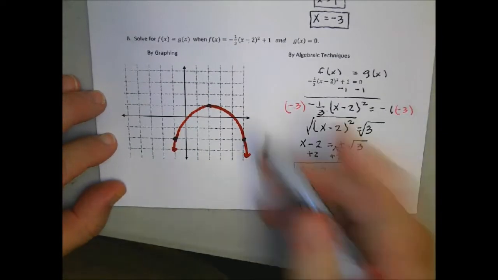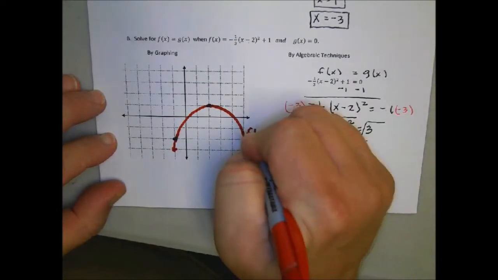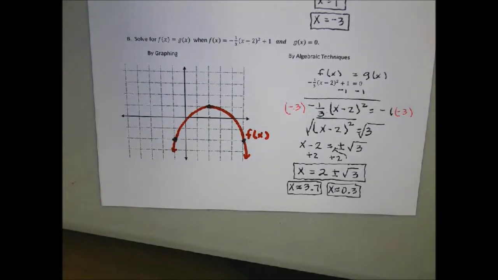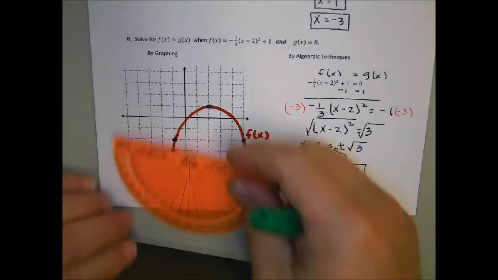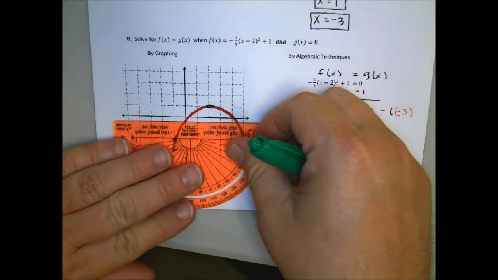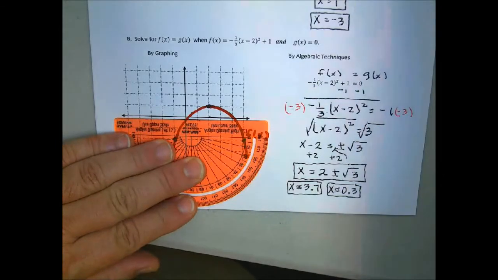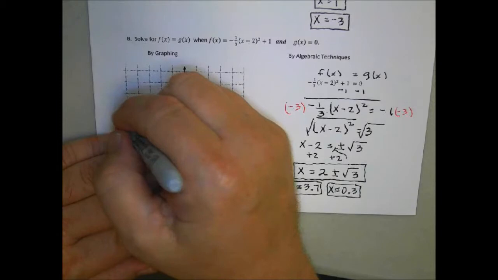Now that's just f of x. Now g of x, very nicely, is still 0. g of x equals 0. So again, it's the x-axis.